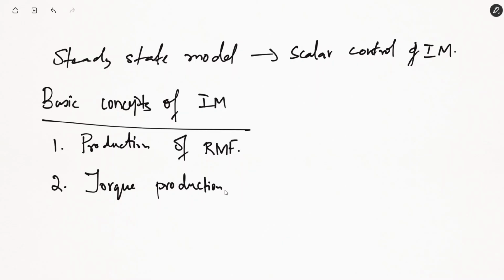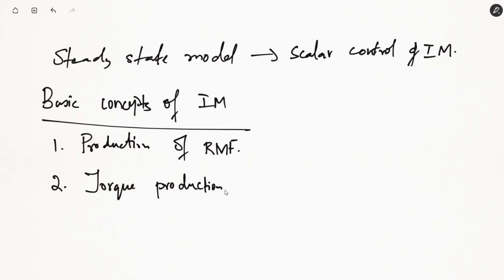Secondly, you have the torque production. Now, in case of an AC machine, say for example, we have the induction motor, we are feeding the stator windings with a three-phase AC voltage. What happens is that current flows in the stator windings. This current results in production of a stator rotating magnetic field. The stator rotating magnetic field induces voltage in the rotor windings.